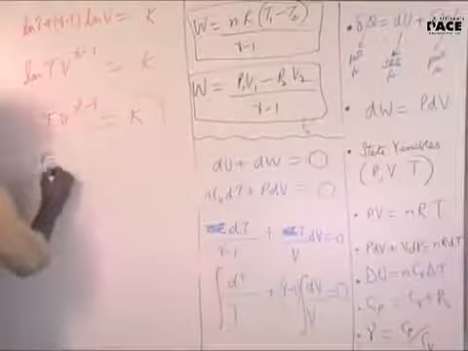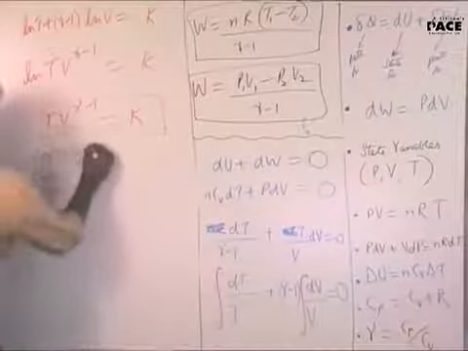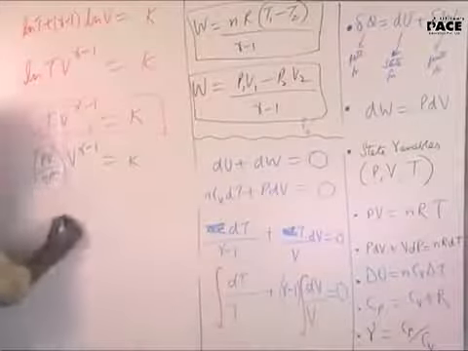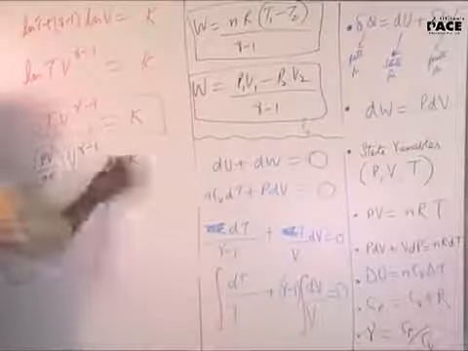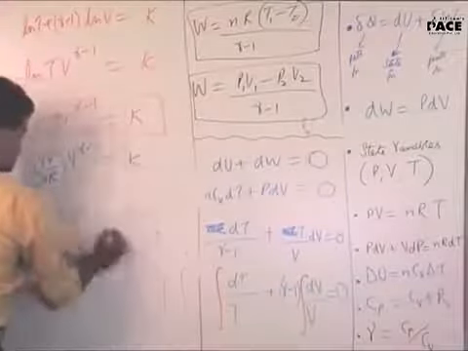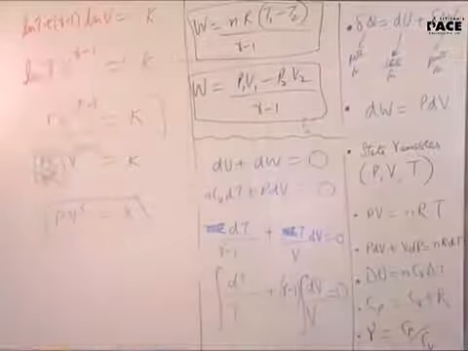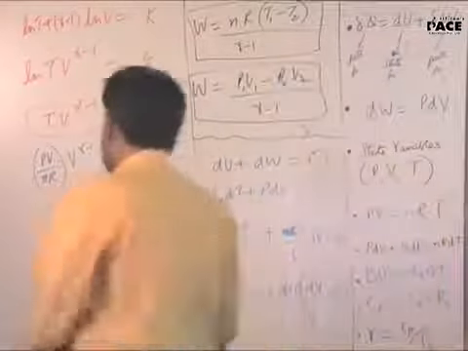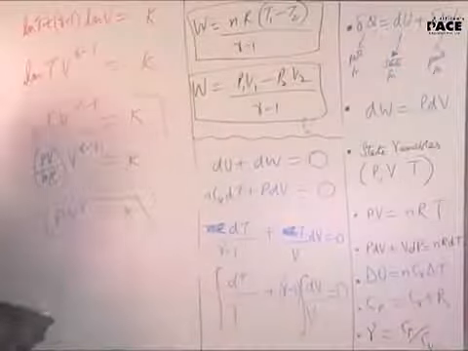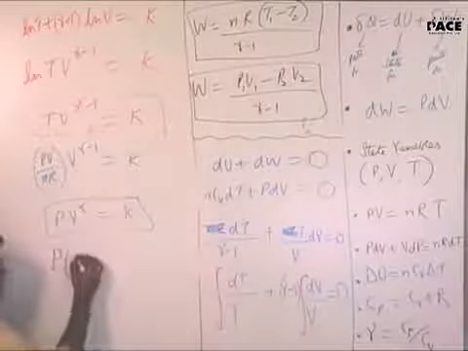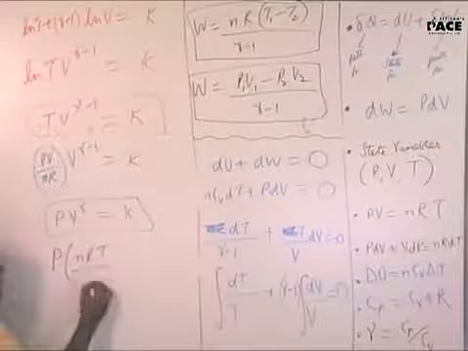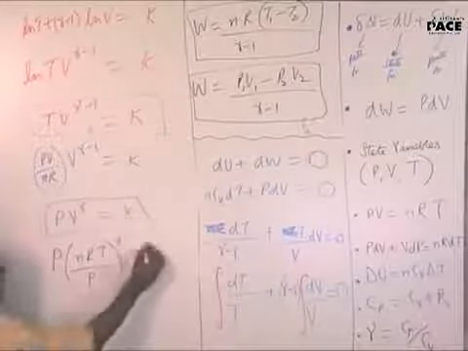PV by nR into V power gamma minus 1 is a constant, which means PV power gamma is a constant. Throw out all the other constants elsewhere. So that's it. And one more. Can we get it in terms of P and T? Pressure into nRT by P power gamma is a constant.